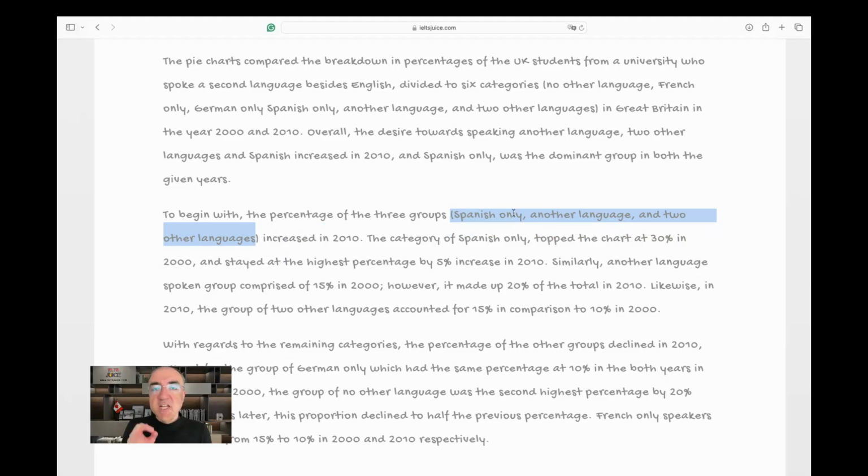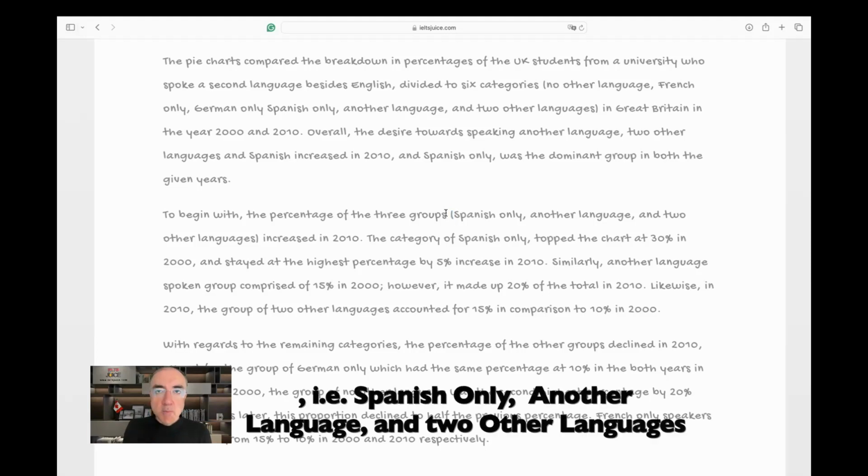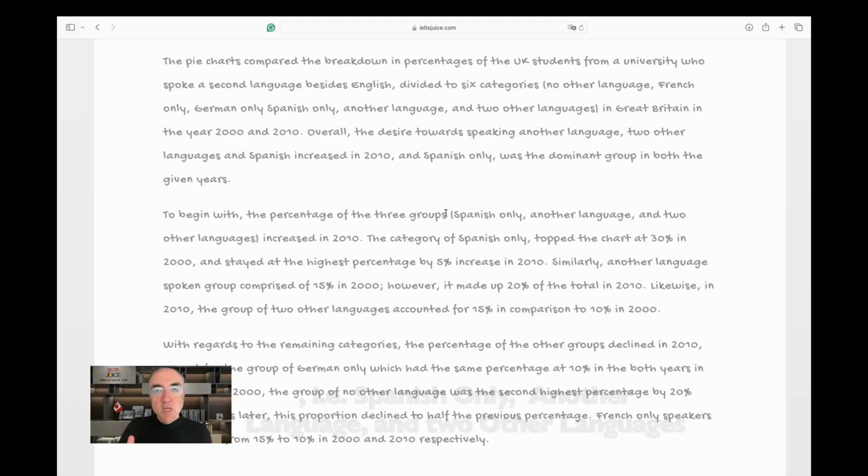This element must be a necessary part of the definition, so we don't need parentheses. Instead, we could use "i.e.", so we need a comma, I, period, E, another period. And then we have Spanish only, another language, and two other languages. We need to show our reader that when we define, we mean it. You have to stay with me so that I can define the three groups for you.